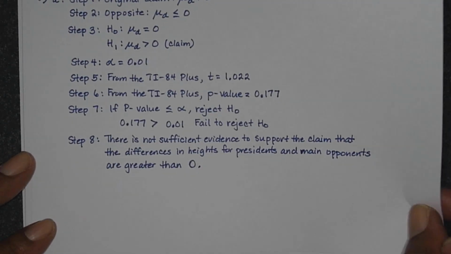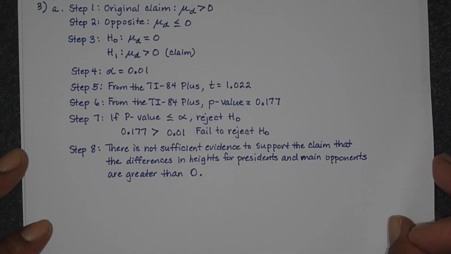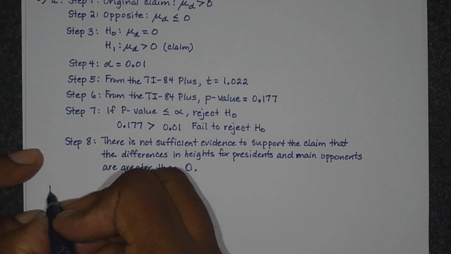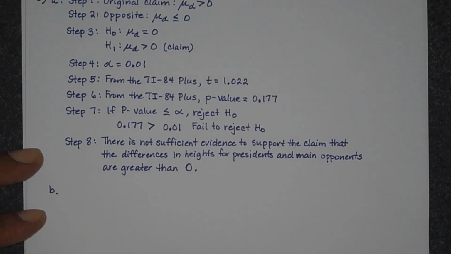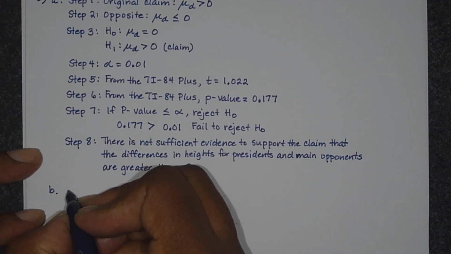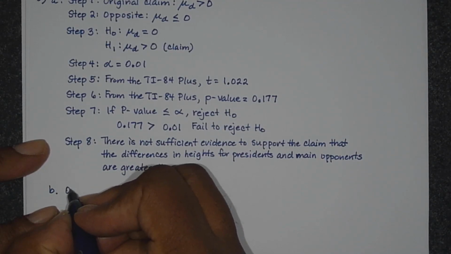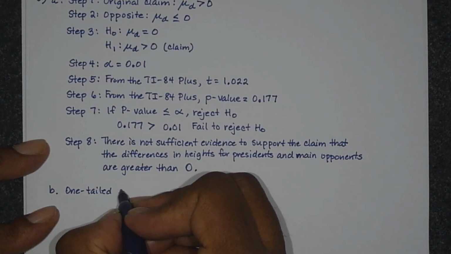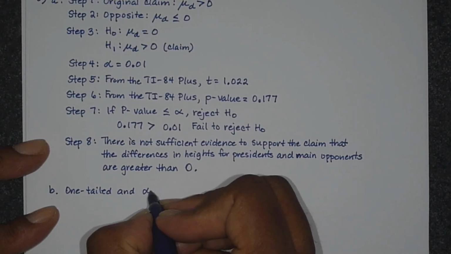So that right there was just part A. Part B says that we need to construct a confidence interval that could be used for the hypothesis test described in part A. So in this case here, do we have a one-tail or a two-tail test? One tail. And the alpha level was 0.01.